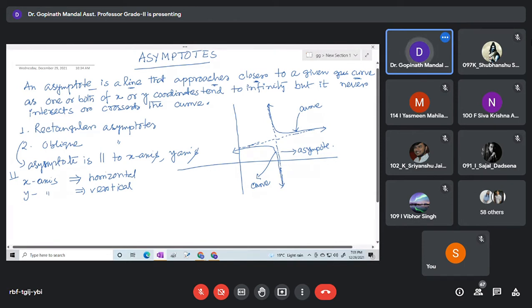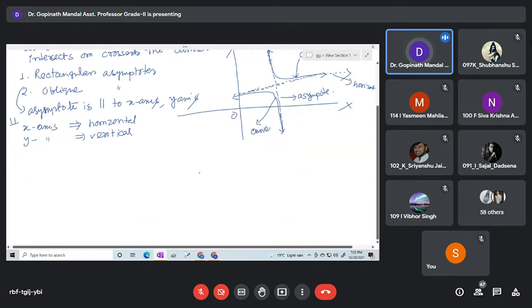Now look here, this dotted line is parallel to x-axis, so it is called horizontal. This dotted line is parallel to y-axis, so it is called a vertical asymptote.